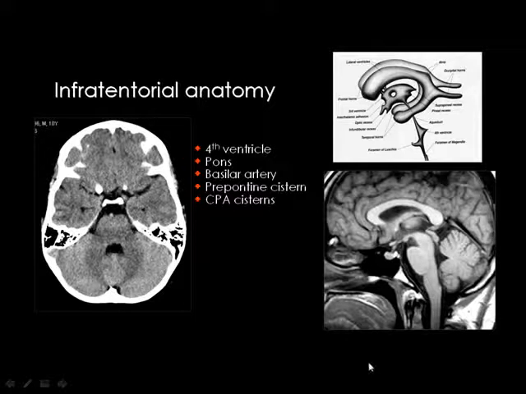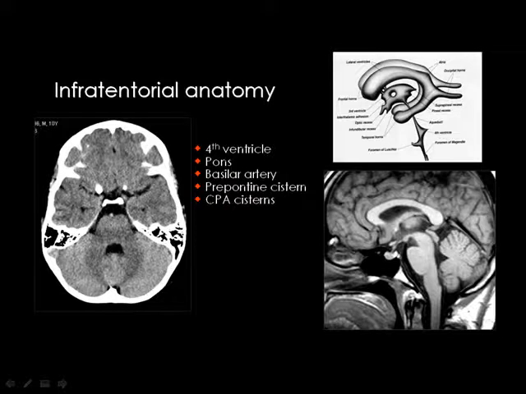The first of these anatomic facts is that in the brain we have 4 ventricles: the fourth ventricle, the third ventricle, and the 2 lateral ventricles. The fourth ventricle is located inferiorly in the posterior fossa, then the third ventricle and the lateral ventricles, as you can see.